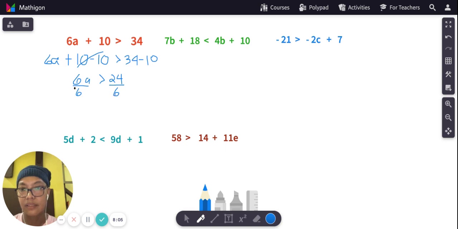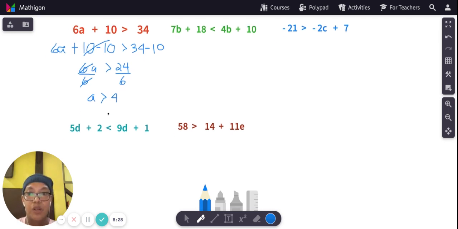Right? So your A is greater than 4. Therefore, your answer is numbers greater than 4. What are those? 4.1, but let's make it a whole number, 5 and up.